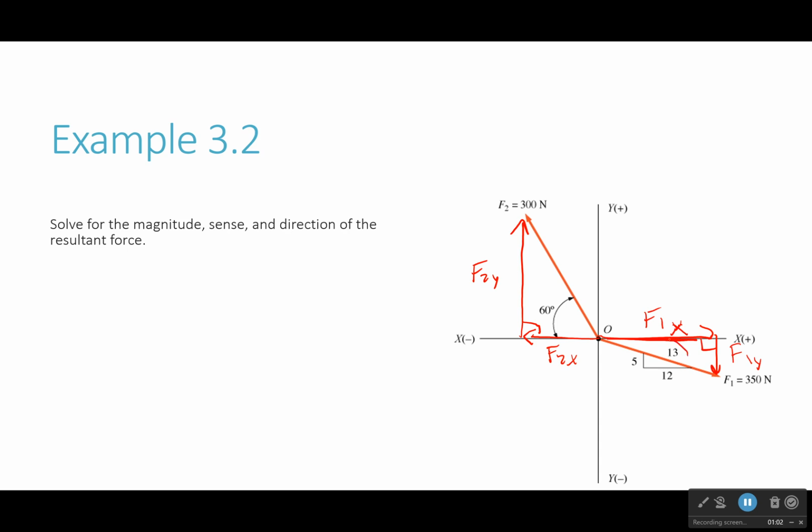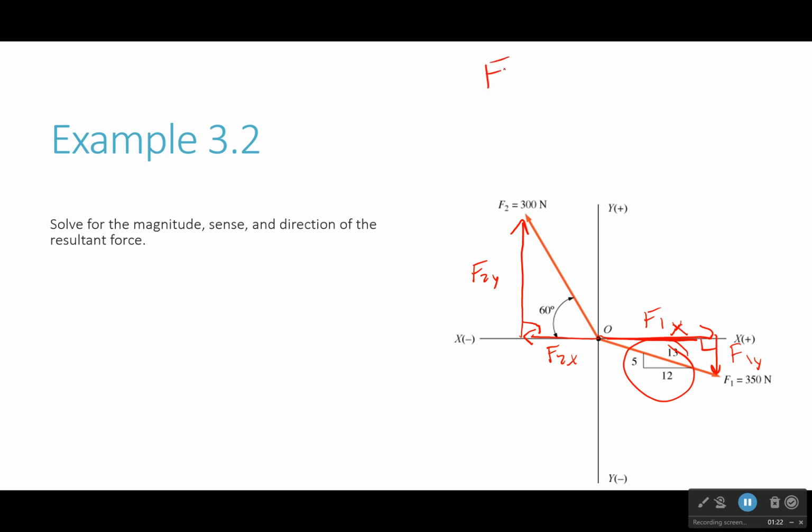I'll do this one with the slope triangle first. So first off, remember that slope triangles are just ratios. You want to look at the ratio of the things you know to figure out what you don't know. So like F1x, I don't know what that is, and I don't know F1y, so don't use a ratio of those two. But I could use F1x and the hypotenuse.